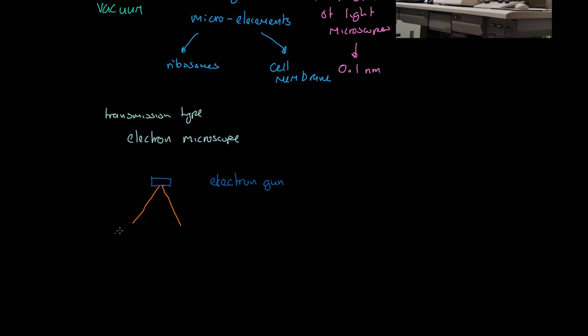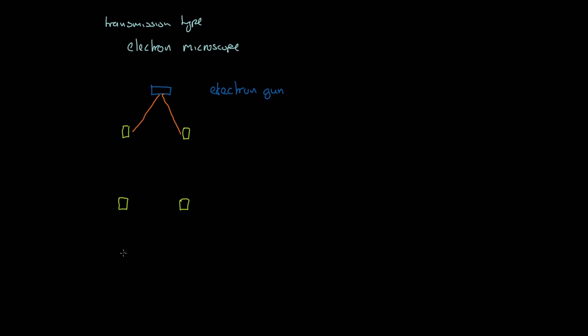It fires them to strike, or I suppose it's better described as be attracted to, electromagnetic lenses. Let me just draw in a couple for you and bring this down slightly. This will all make sense in just a moment, just bear with me. So this electron gun sends these electrons, and these electrons hit these electromagnetic lenses.